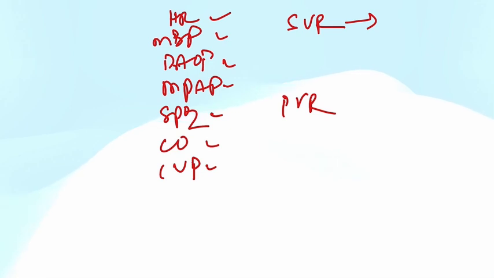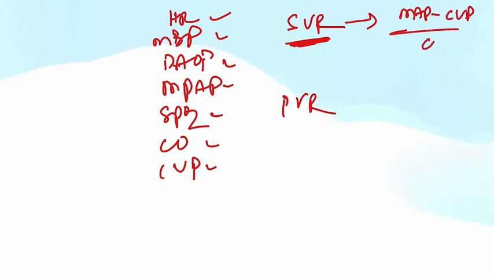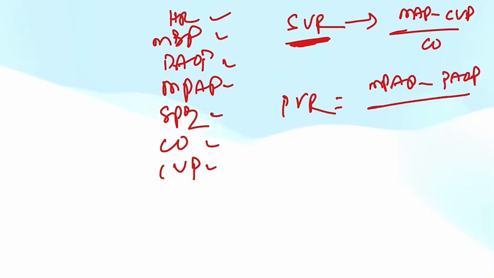All these parameters are given, and you are asked to calculate systemic vascular resistance or pulmonary vascular resistance. For SVR, only three parameters are important: mean arterial pressure minus central venous pressure, divided by cardiac output. For pulmonary vascular resistance, you just need mean PA pressure minus pulmonary arterial occlusion pressure, divided by cardiac output.